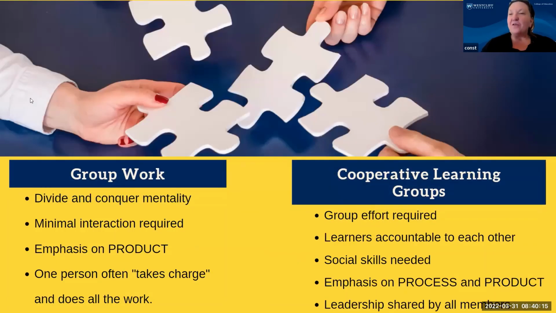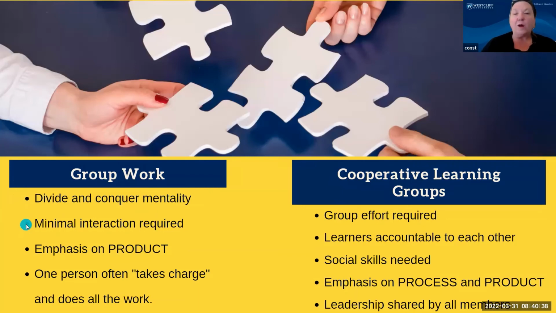Okay, so in group work, we kind of divide and conquer. Right? We've got 12 students in class. We're going to do 4 groups of 3. There's no assigned role. It's just the task has been given. So perhaps each one just goes to the room and does it on their own.